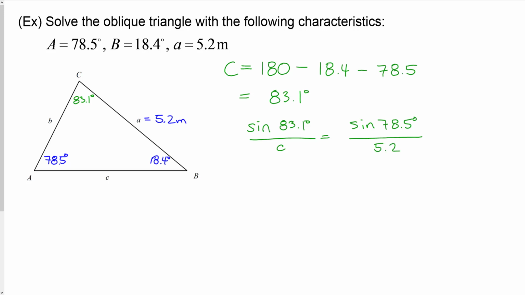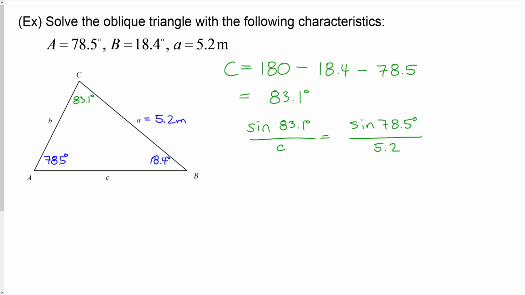So I've taken the angle measures and their corresponding sides, and I took the sine of the angle divided by the corresponding side. And I set it up to where there was just one variable missing, and that's going to enable me to solve this.